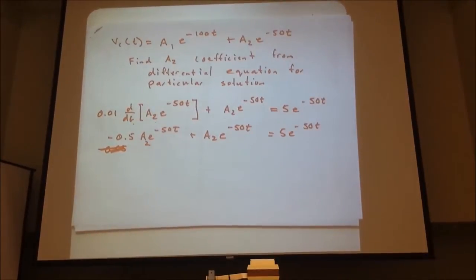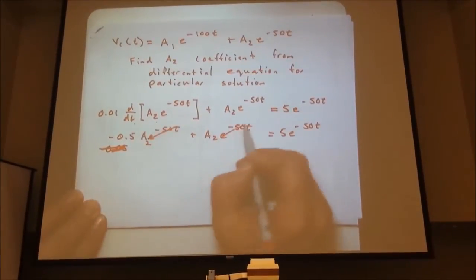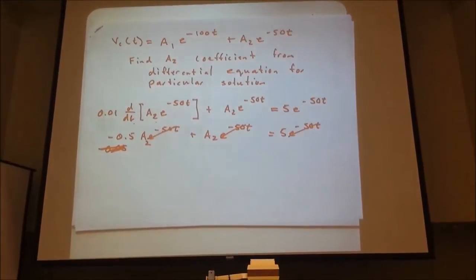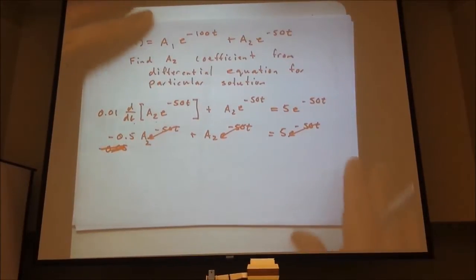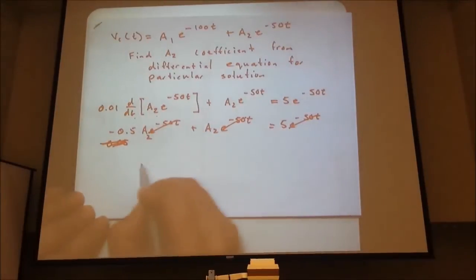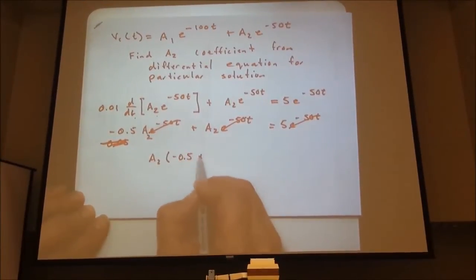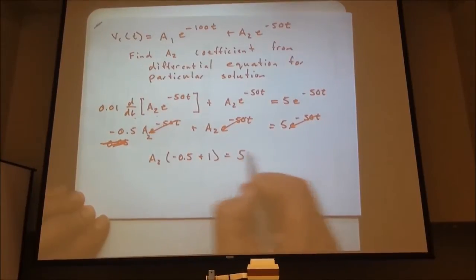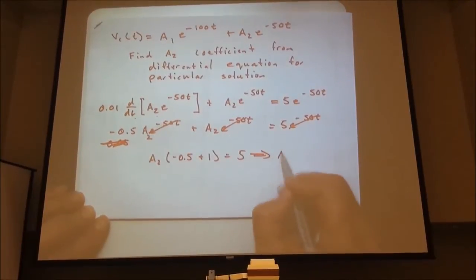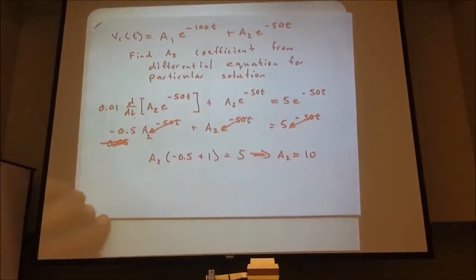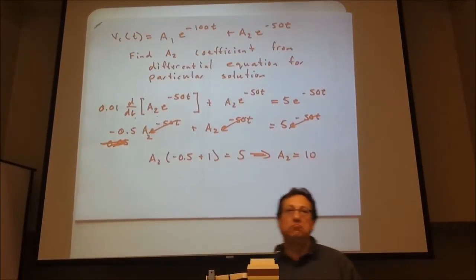I hope we agree that e to the minus 50t is the same everywhere. So we can cross that off by dividing through by e to the minus 50t. And what are we left with? A2 minus 0.5 plus 1 equals 5, giving us A2 equals 10. Right?